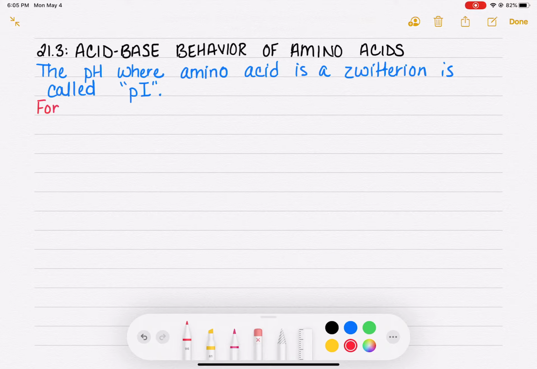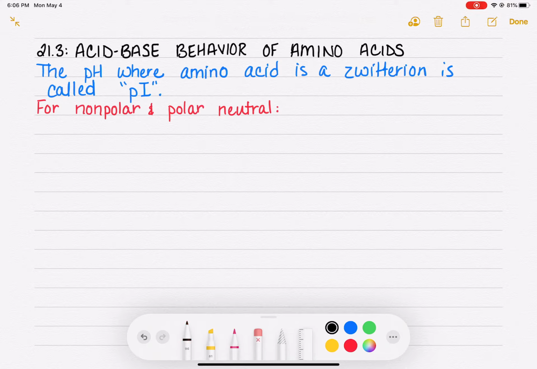So the first thing that we're going to consider are the nonpolar amino acids and our polar neutral amino acids. Our nonpolar amino acids are the ones that have just hydrogen or just carbon and hydrogen as their R group.